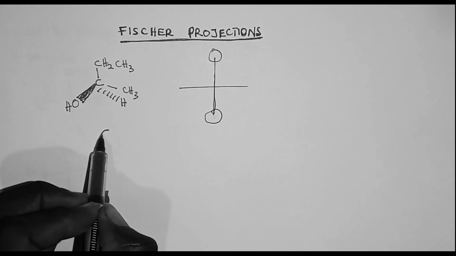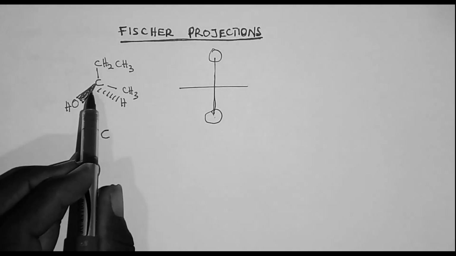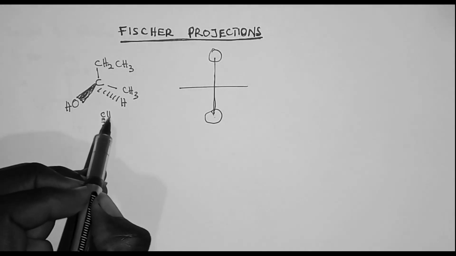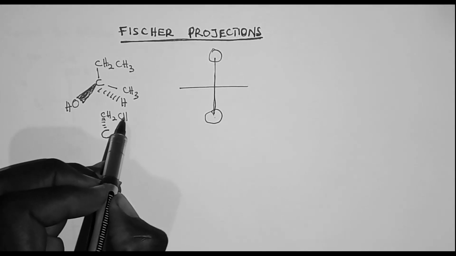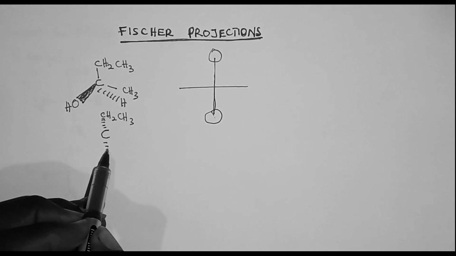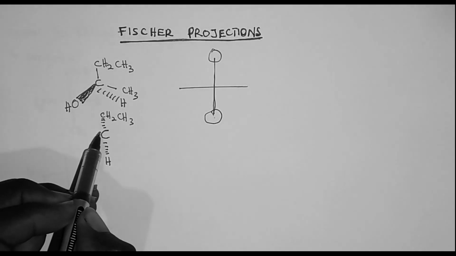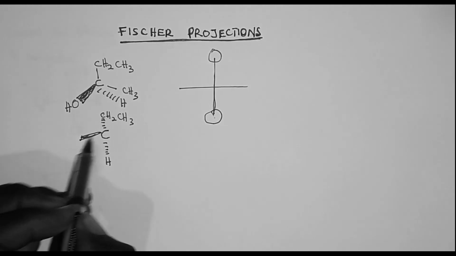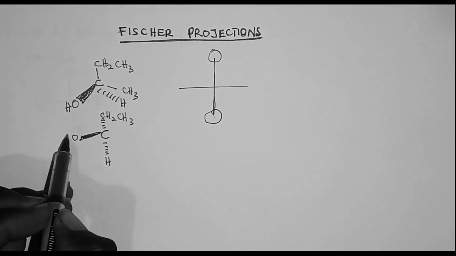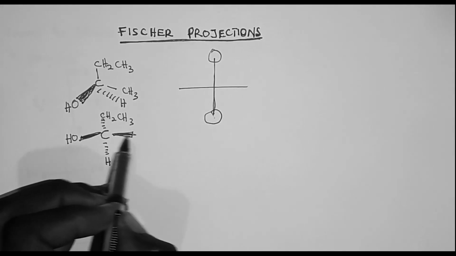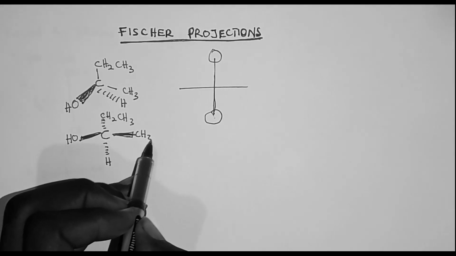So another way to redraw this molecule is by drawing it like this: CH2, CH3, and then this one too is also pointing away, and then the OH is pointing towards the viewer, and then this CH3 too is pointing towards the viewer.